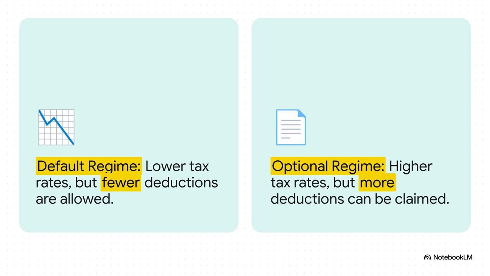The big plus? The tax rates are lower. The catch? You have to give up almost all of those deductions we just talked about. On the other hand, you can pick the optional regime. This is the older system. Here, the tax rates are higher, but you get to claim all those juicy deductions for your investments and expenses. So the choice is yours. Lower rates with no deductions or higher rates with deductions.